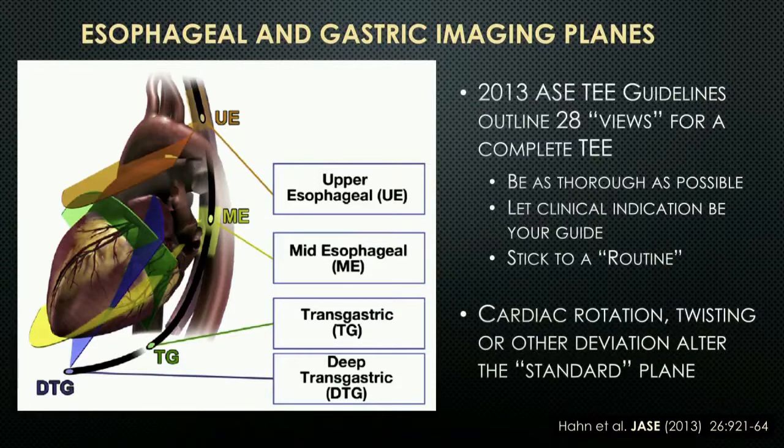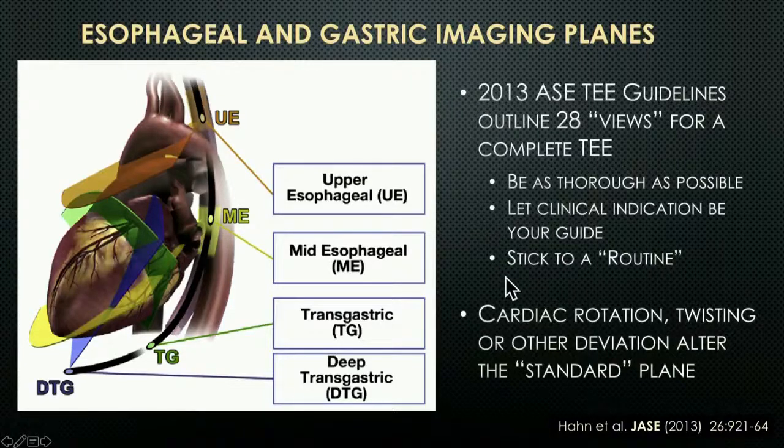So those 28 views pretty much cover every base of the TEE that you could possibly want to know. Do we need to know all these views specifically for the exam? Probably not. I'm going to highlight in the next couple of slides some of the common images that you're going to see, and those are the ones that I would focus your attention on.